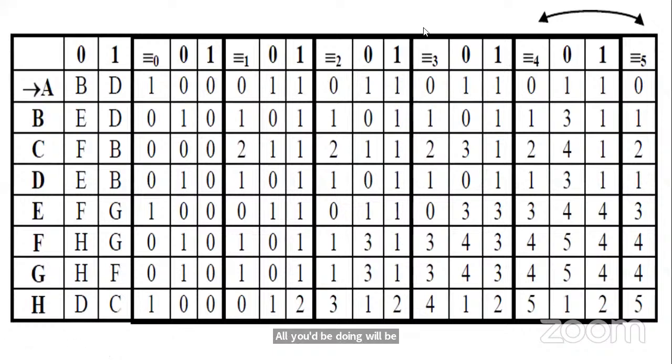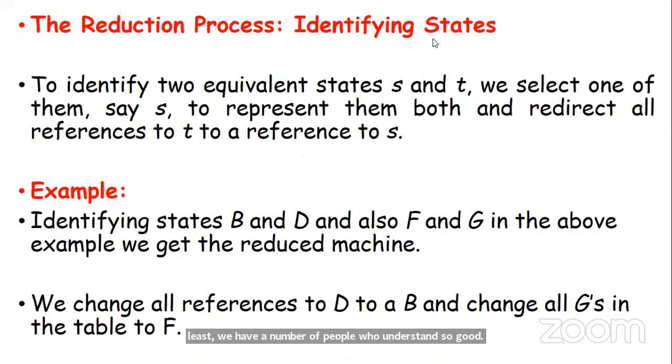You compare 2 and 3, 3 and 4. Once you see that they are the same at that point, then you can stop, right? Do we understand up to this point? Okay, 2 people. Good. At least we have a number of people who understand.